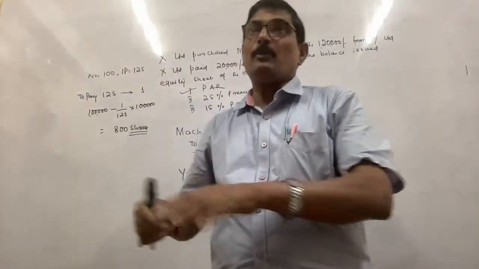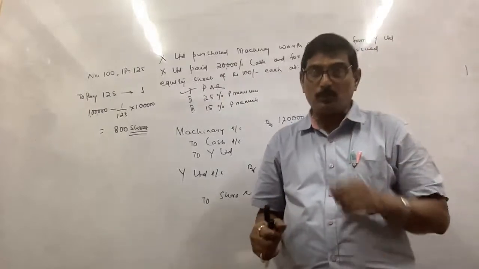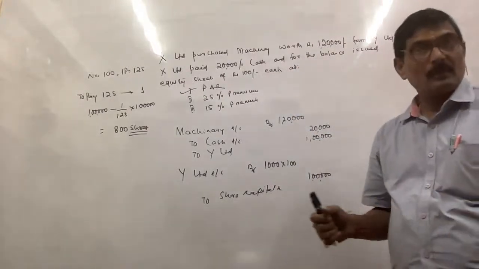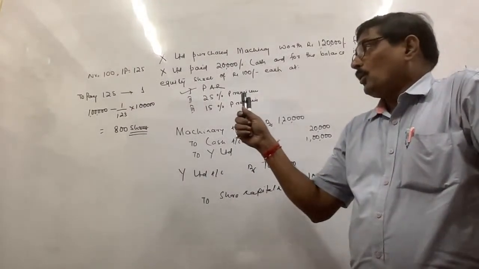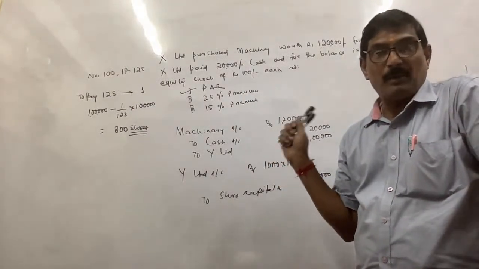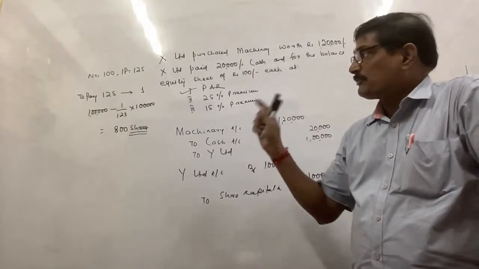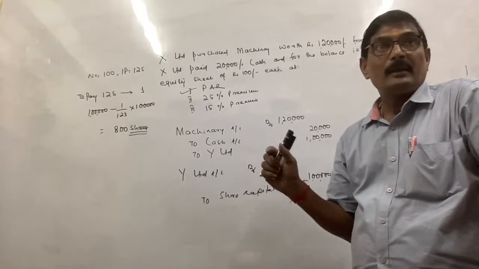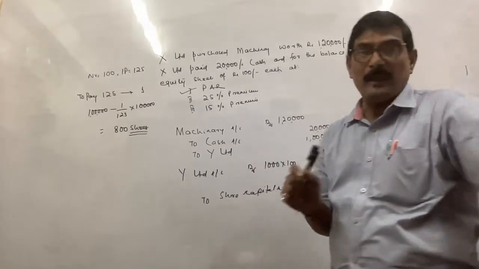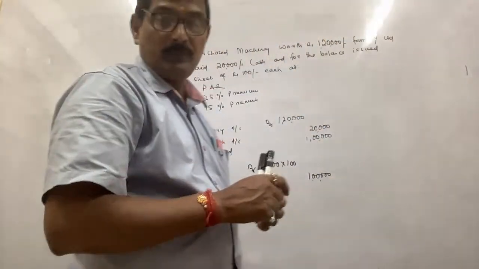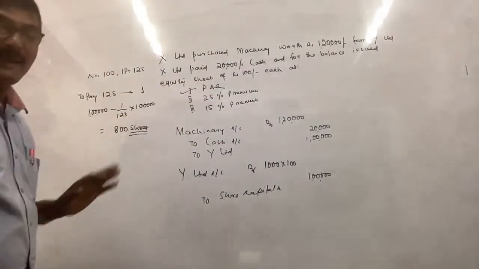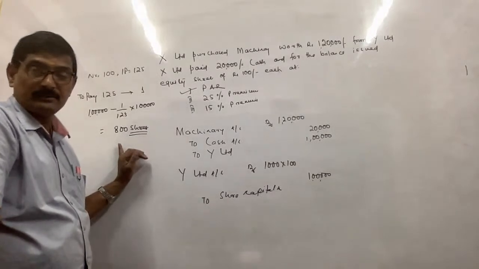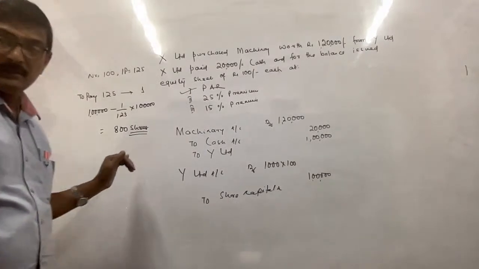If you have any doubt, keep on asking. Till now, we are issuing the shares at a premium of 25%. Means if nominal value is 100 rupees, issue price is 125. If I owe you 125, I have to issue one share to you. Now we owe 1 lakh rupees to Y Limited, so we have to issue 800 shares in settlement of his dues.